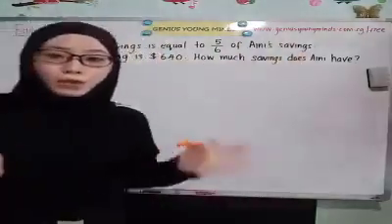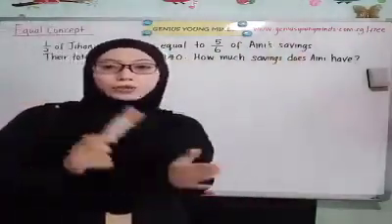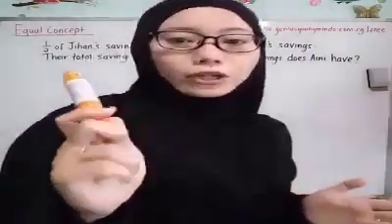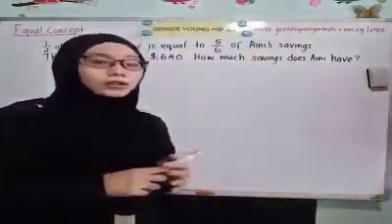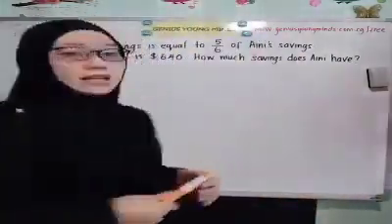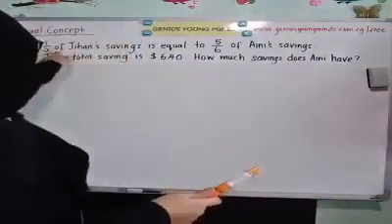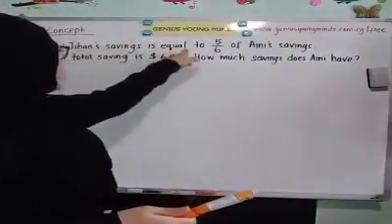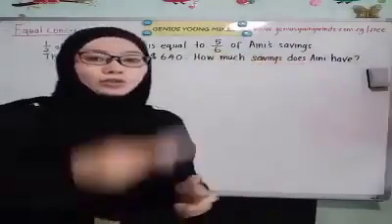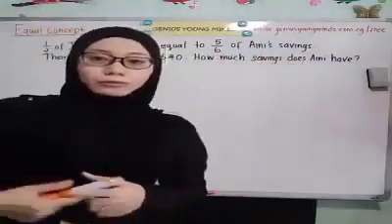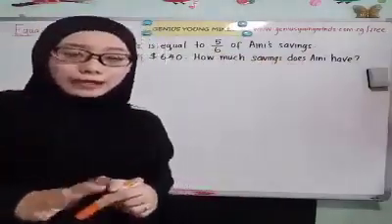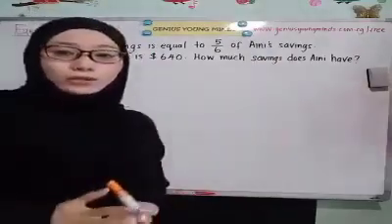Very simple question, but how are we going to solve it? The most crucial part, where the parents get stuck, is half of Jihan's saving equal to 5/6 of Aini's saving, and then you will start frantically drawing the model. I'm sure many of you will do that, but let me tell you there's a simpler way to solve this sum.